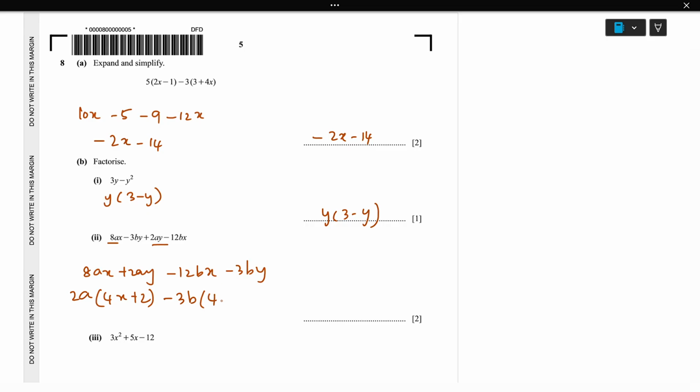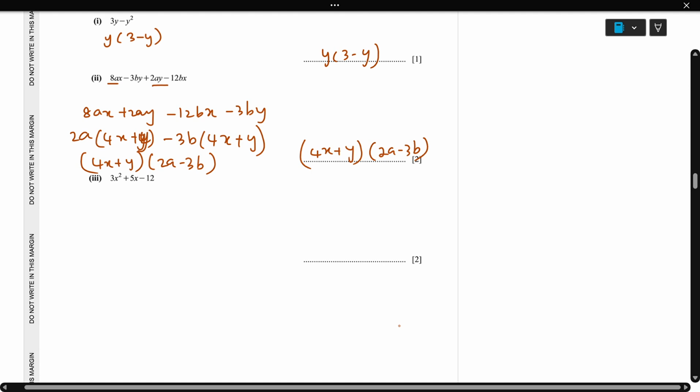What is left is 4x plus y. So from both, 4x plus y is common, so bring it out. What is left is 2a minus 3b. So that's the answer: (4x plus y) times (2a minus 3b).